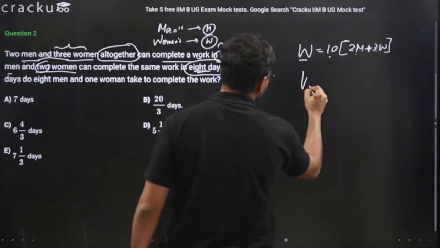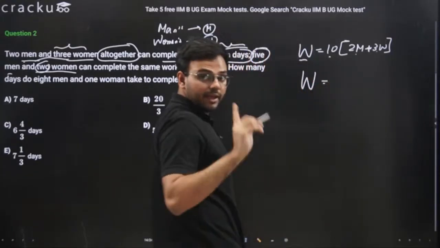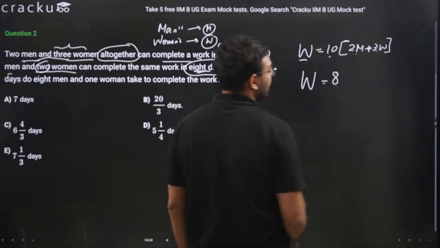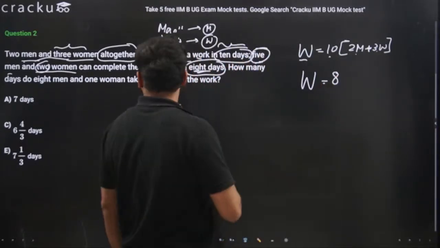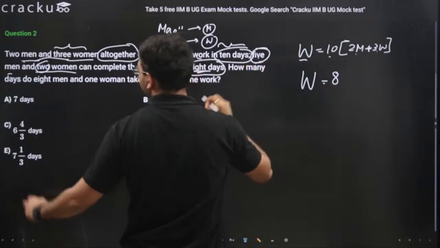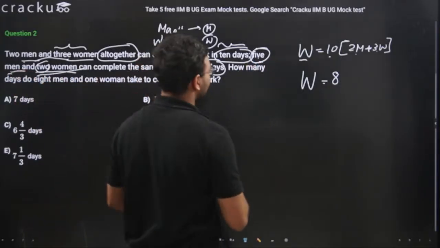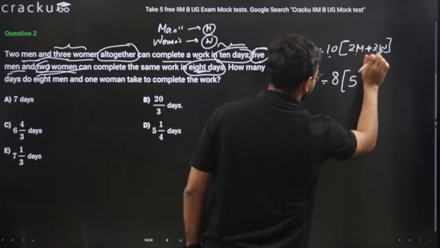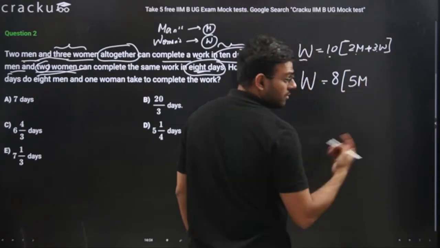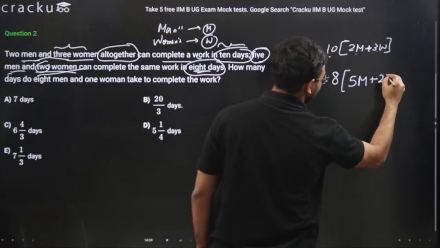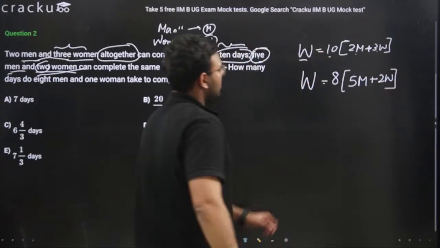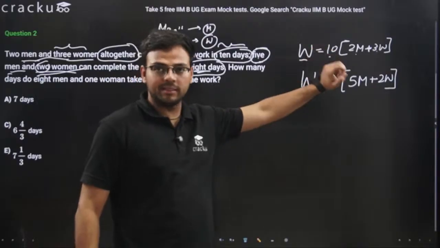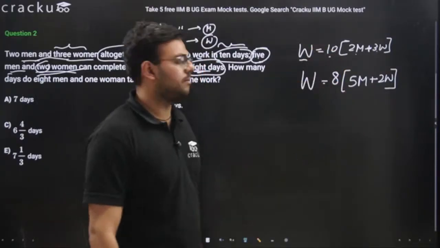So this W can be completed in 8 days if 5 men and 2 women are working together. So 5 men is 5M and 2 women is 2W. So 5M plus 2W. 10 days for 2 men and 3 women, 8 days for 5 men and 2 women.